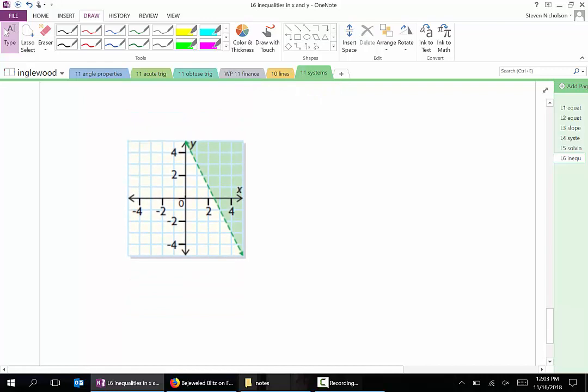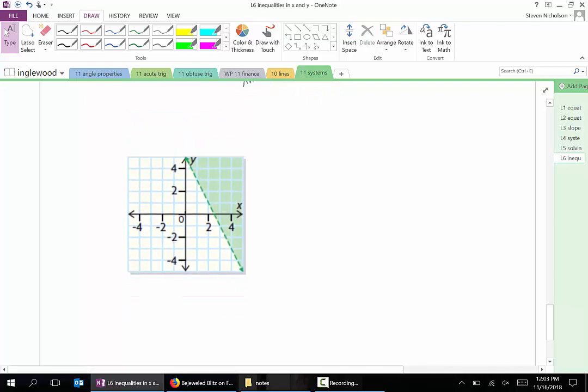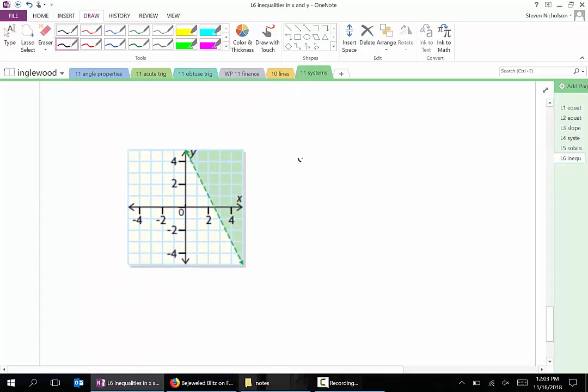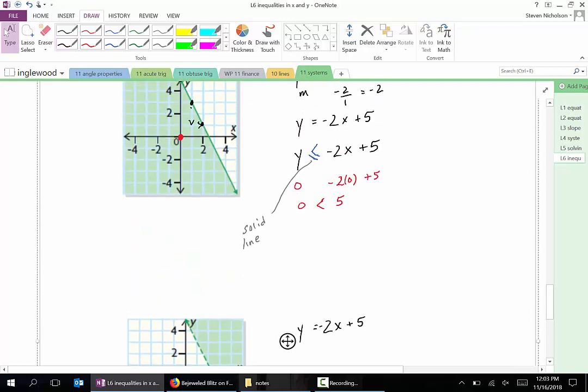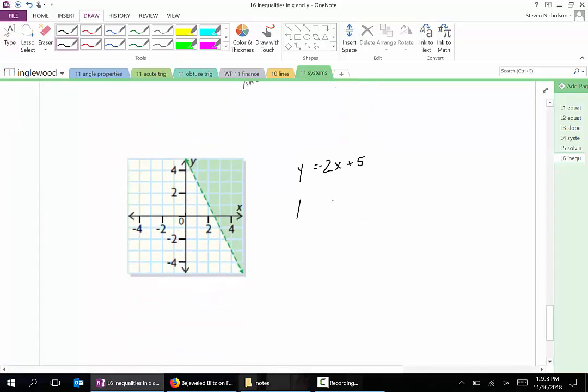One more. So again, this one, it is the same line. So again, I'm not going to go through everything we did above. y is equal to negative 2x plus 5. What we're going to do is disregard the equation right now, and we're going to pick a point in the true region.